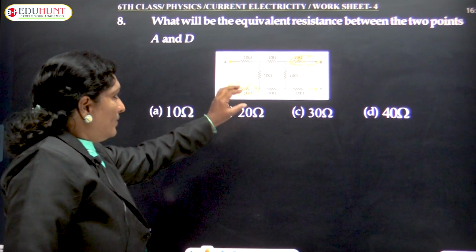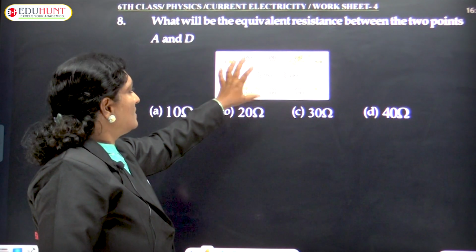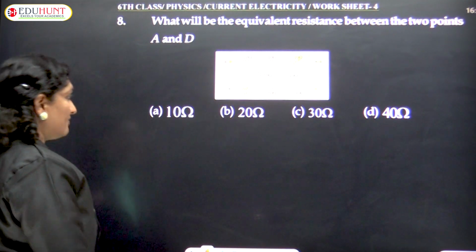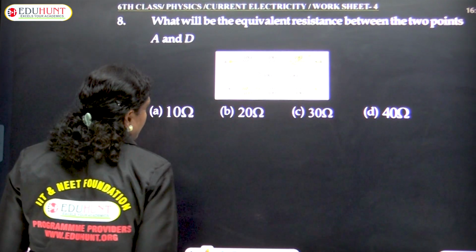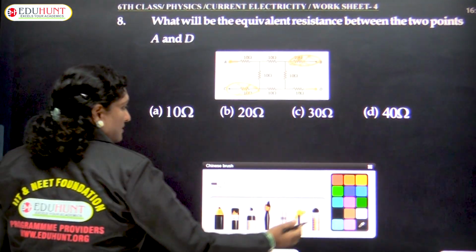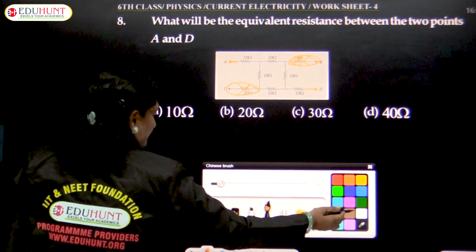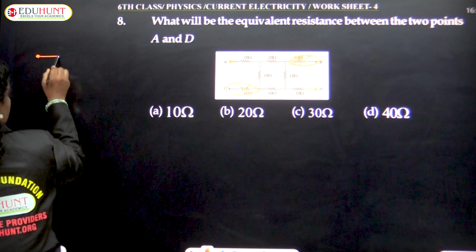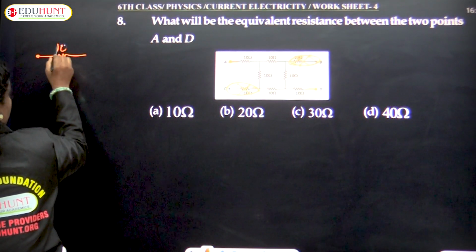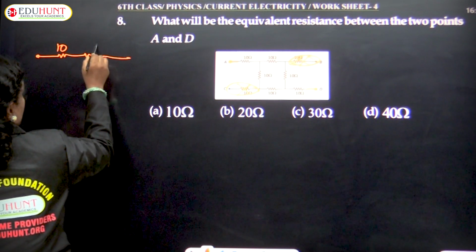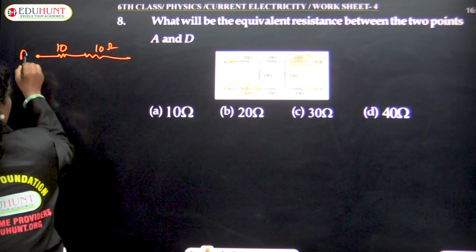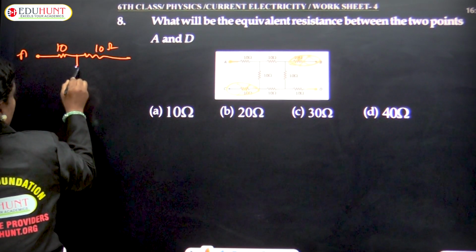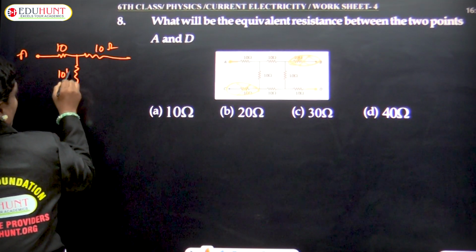So, let us try to draw the circuit diagram once again after leaving these C and B part resistors. So, here we go, children. The simplified part, first of all, let us start from A, 10 ohm connected to 10 ohm. Between we have again 10 ohm.